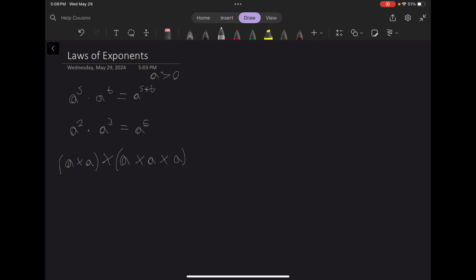Since they're all multiplication, we can just remove the brackets. So it will be a times a times a times a times a, which is just a multiplied by itself 5 times, which is a to the power of 5.